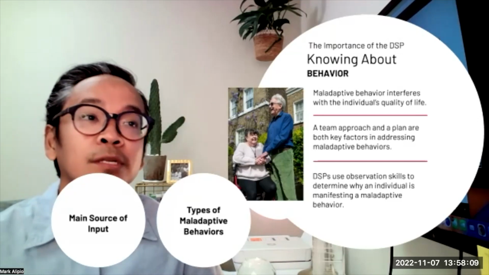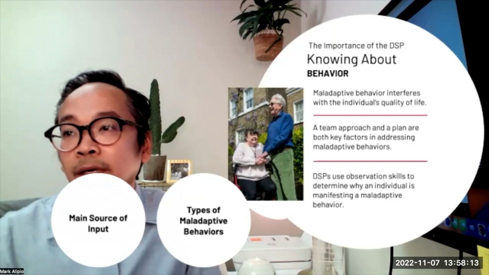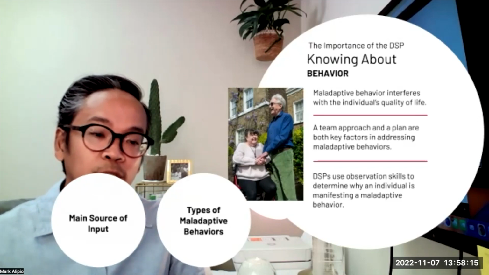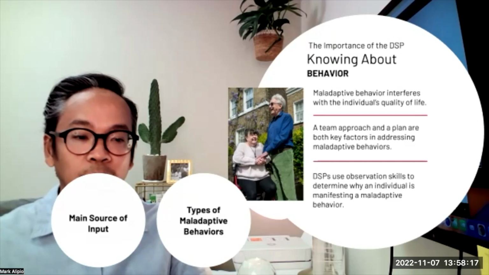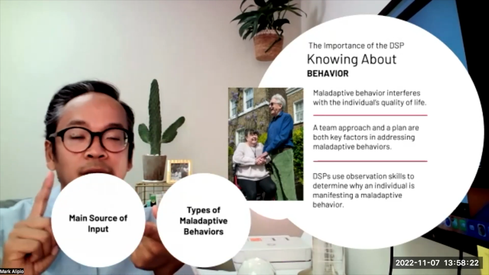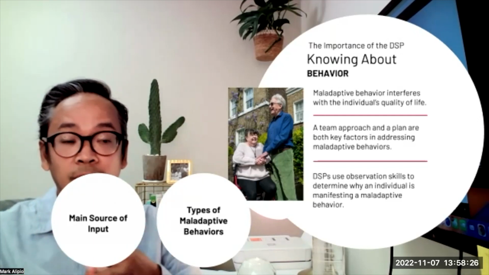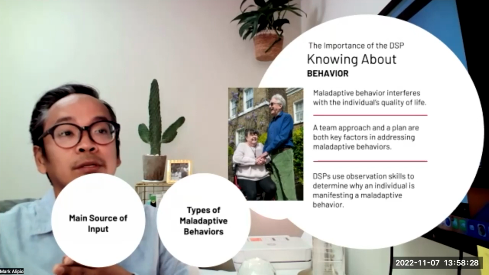of behaviors. Caregivers and DSPs have to be aware, and especially we have to consider any behaviors that could present three things, right? Imminent harm to self, imminent harm to staff, and imminent harm to others, right?